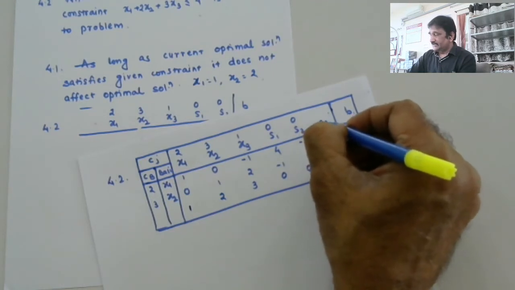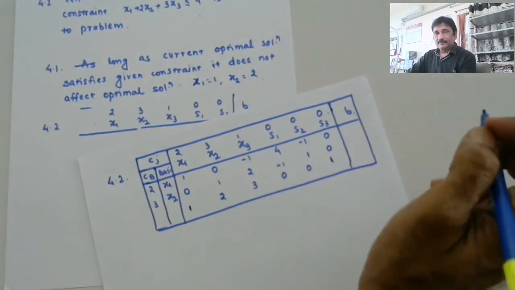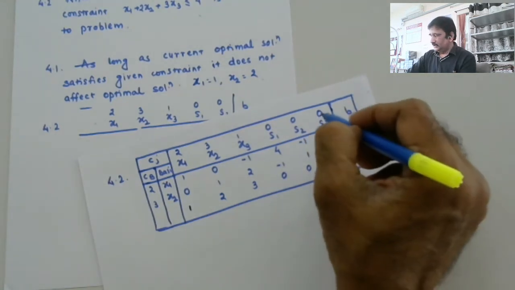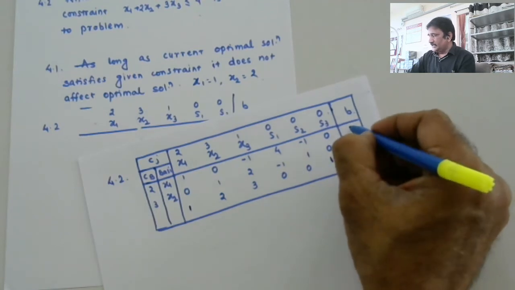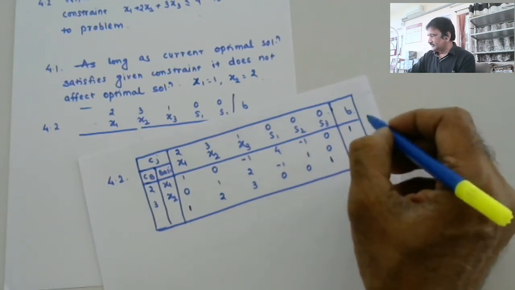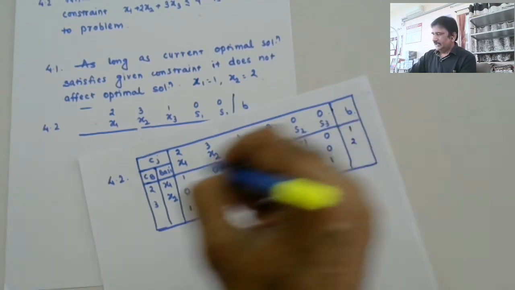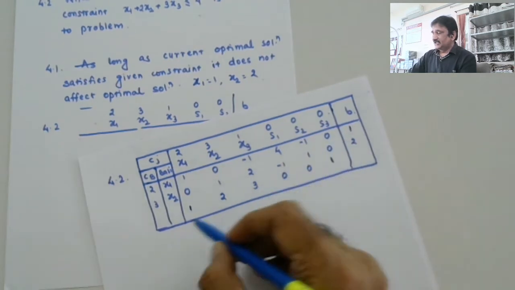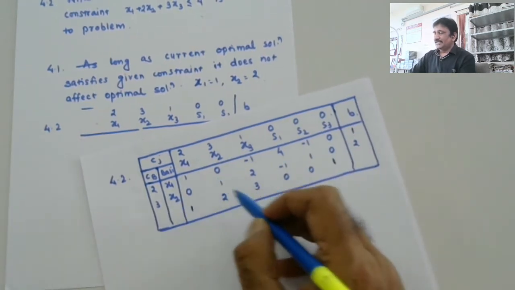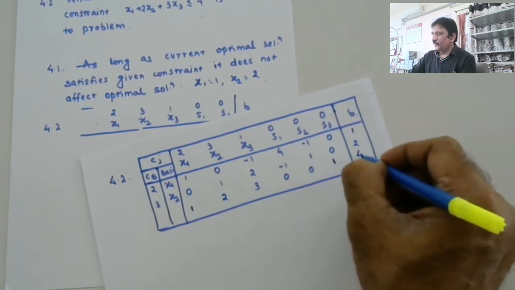So here S3, and the coefficient of S3 in the objective function will be 0, and the values of B for the first constraints in the table were 1 and 2 here, and here, because I am accommodating the constraint as it is, x1 plus 2x2 plus 3x3 plus s3 is equal to 4.